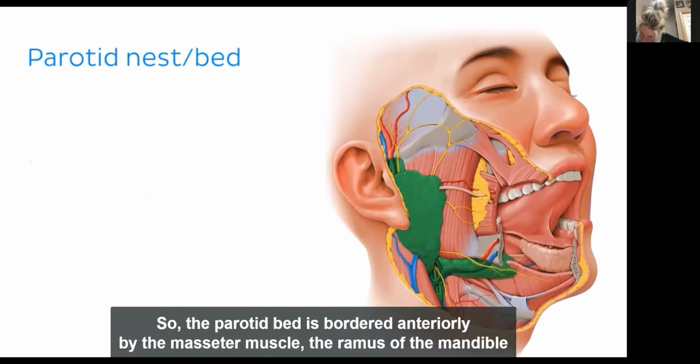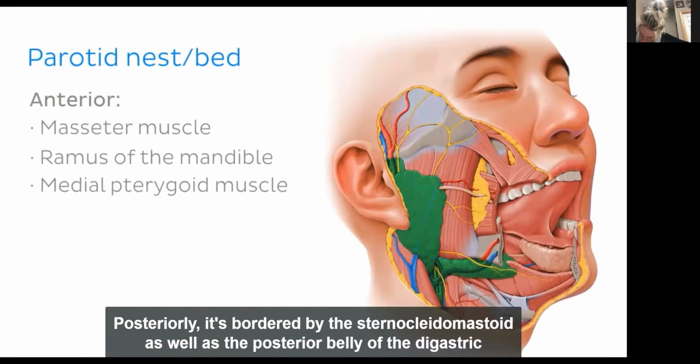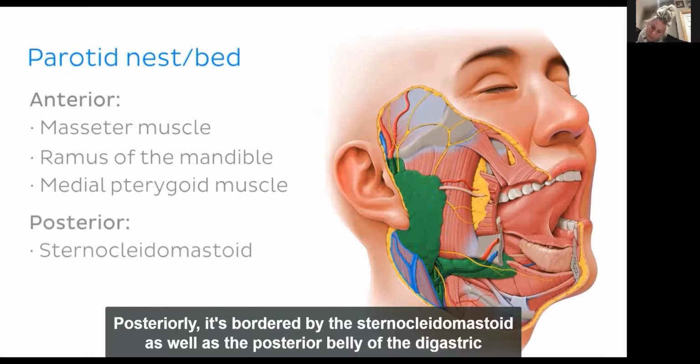So the parotid bed is bordered anteriorly by the masseter muscle, the ramus of the mandible, and the medial pterygoid muscle. Posteriorly, it's bordered by the sternocleidomastoid, as well as the posterior belly of the digastric muscle.